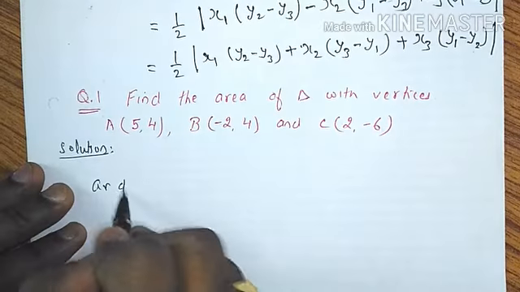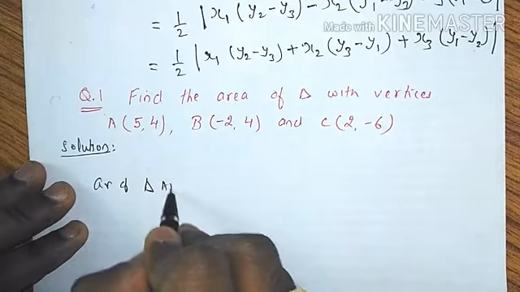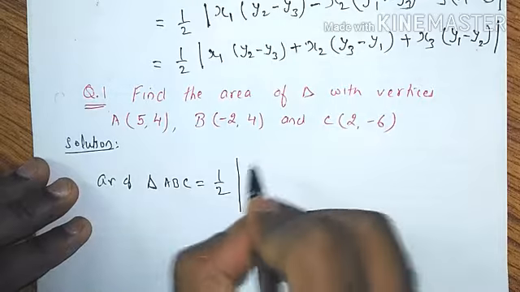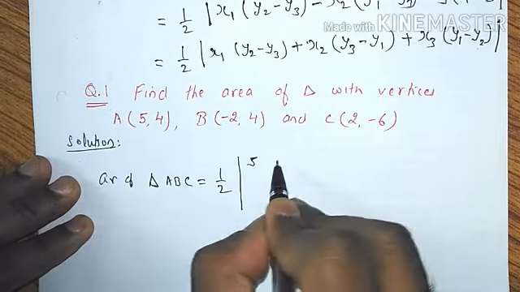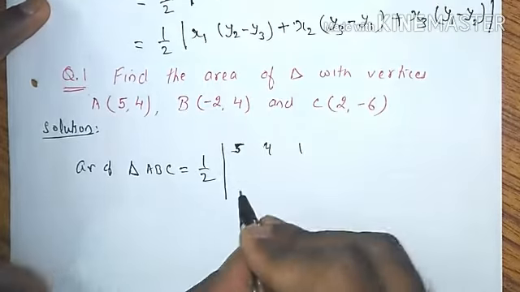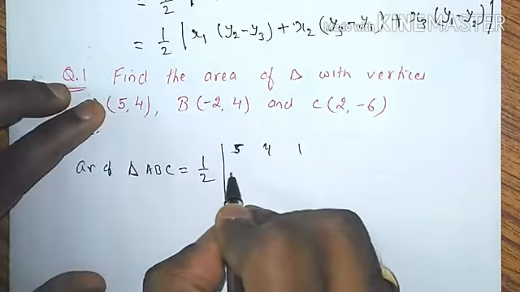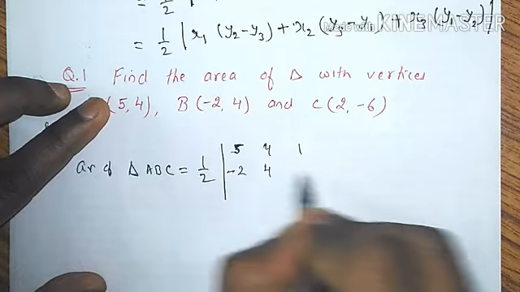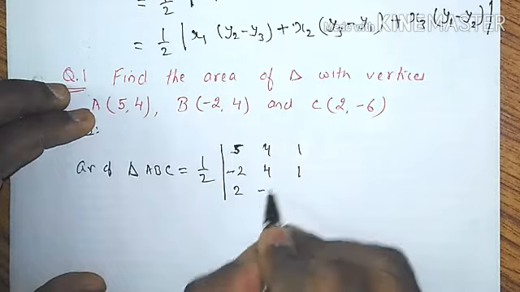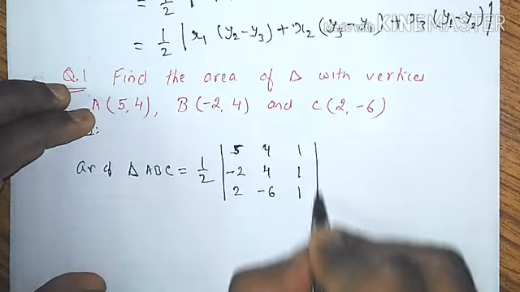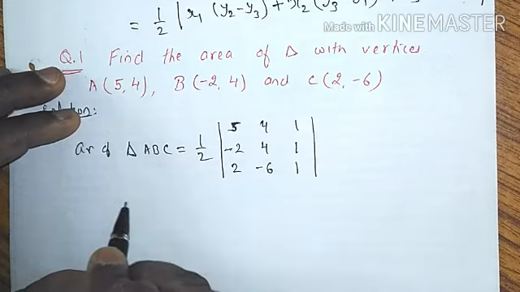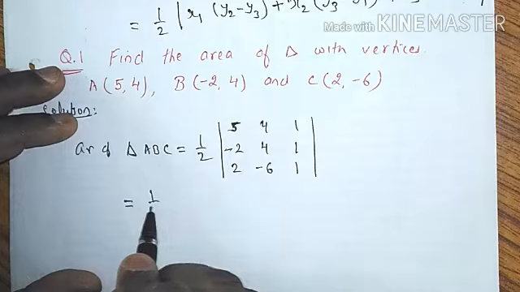So the area of triangle ABC will be half into the magnitude of the determinant in which the first row will be 5, 4 and 1, the second row is the second vertex, minus 2, 4 and 1, and the third row is the third vertex, 2, minus 6 and 1. Now if we expand this determinant, we will get half the outside.